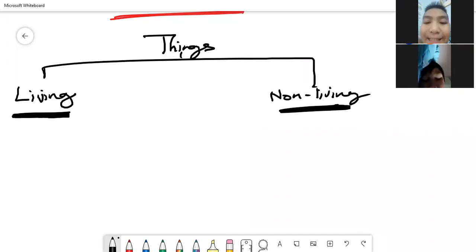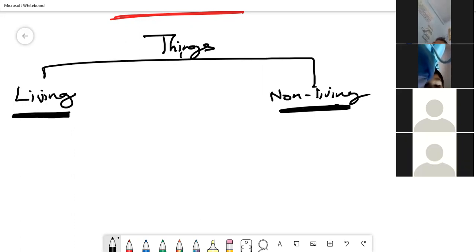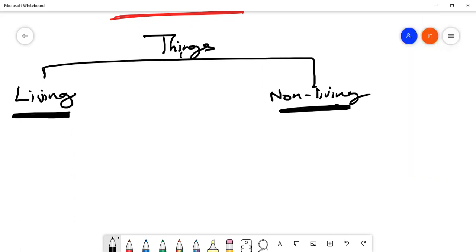Bicycle. Laksika, living things. Rat. Pakawan, non-living things. Paper.